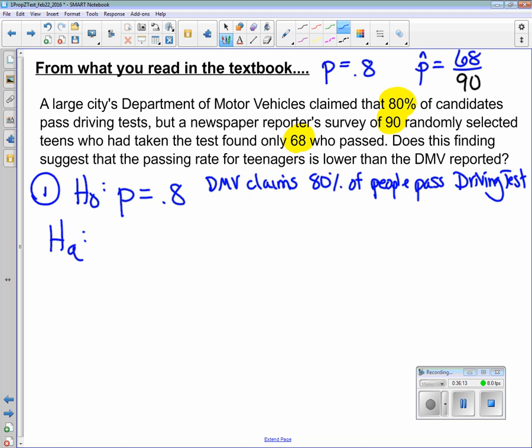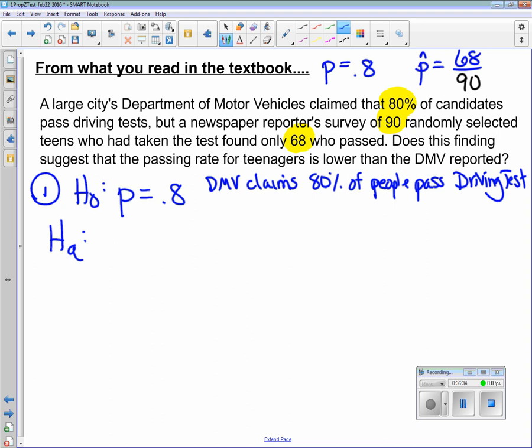I'm looking for clues or keywords in the problem that will help me write my alternative hypothesis. What's my alternative hypothesis? What's a keyword in the problem that will help me write it? Lower.